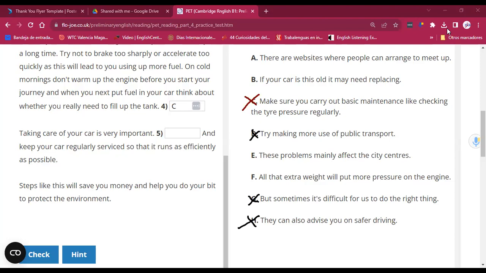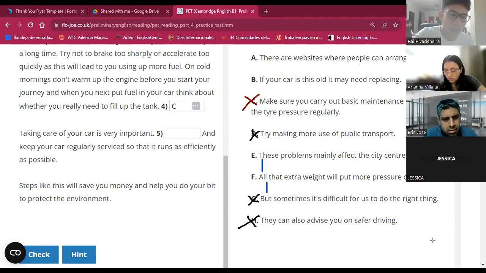Letter F. Okay. Dayanis? Letter E. Okay. Ariana, which one?